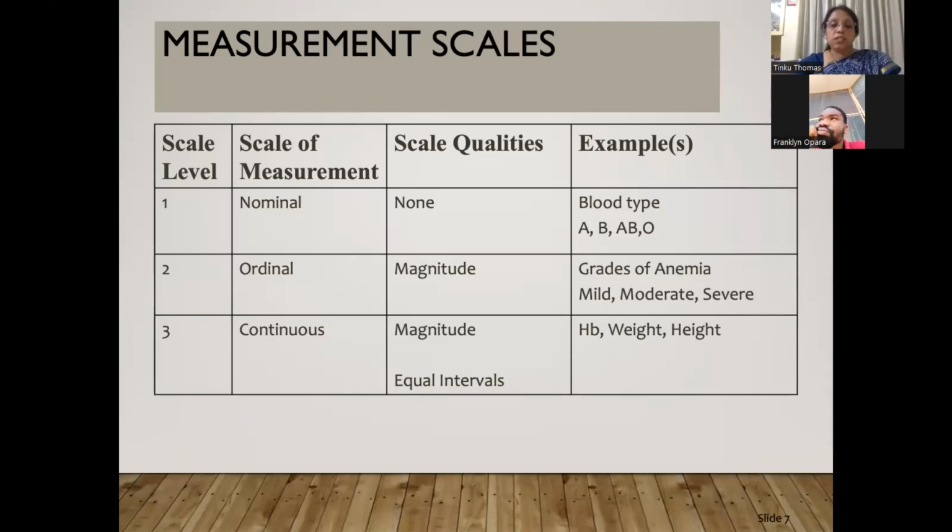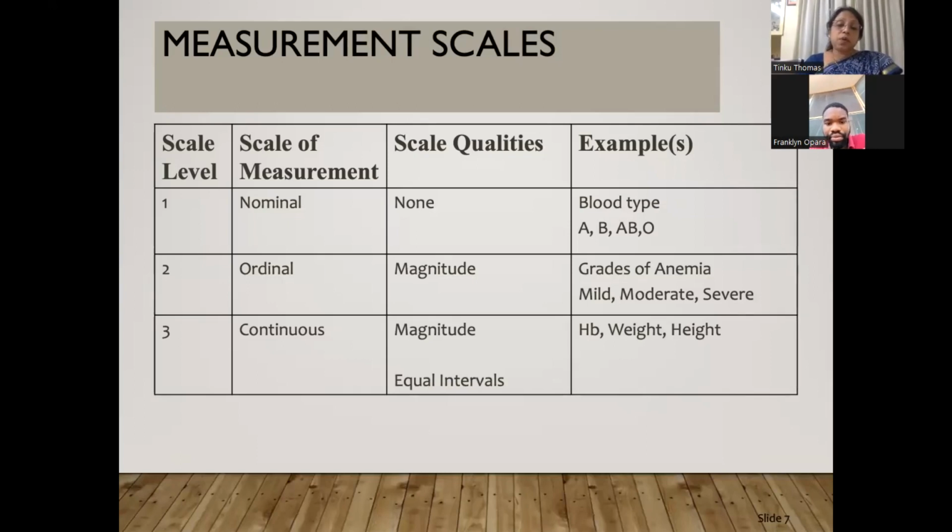And continuous data is many things that you measure in your research, like in this case hemoglobin, weight, height. You can think of any number of examples for continuous scale measurements. And as I mentioned earlier, it could be any value within a certain range.